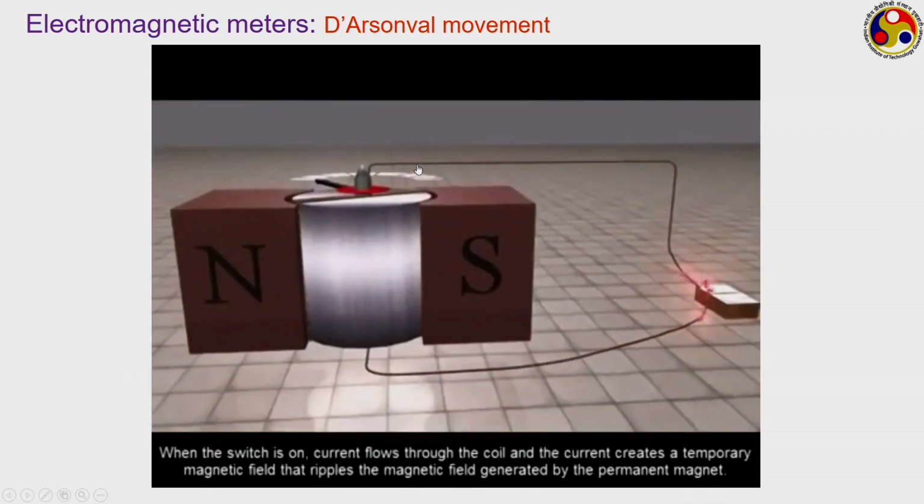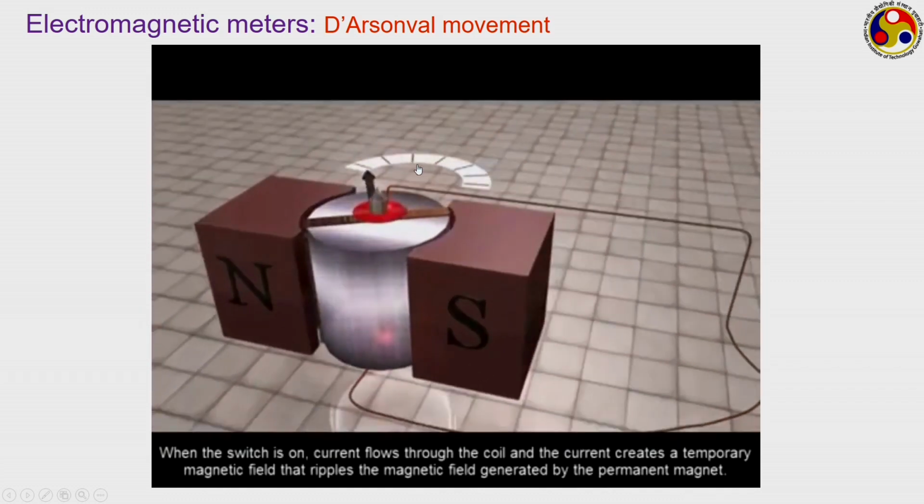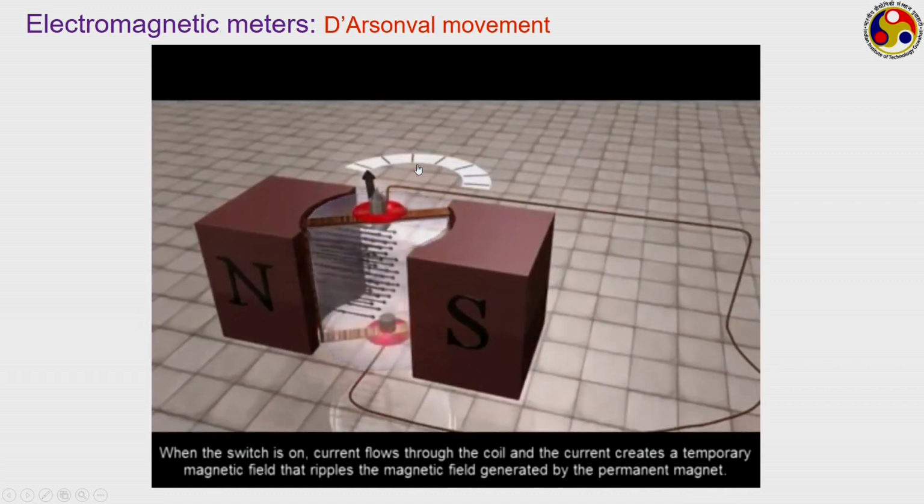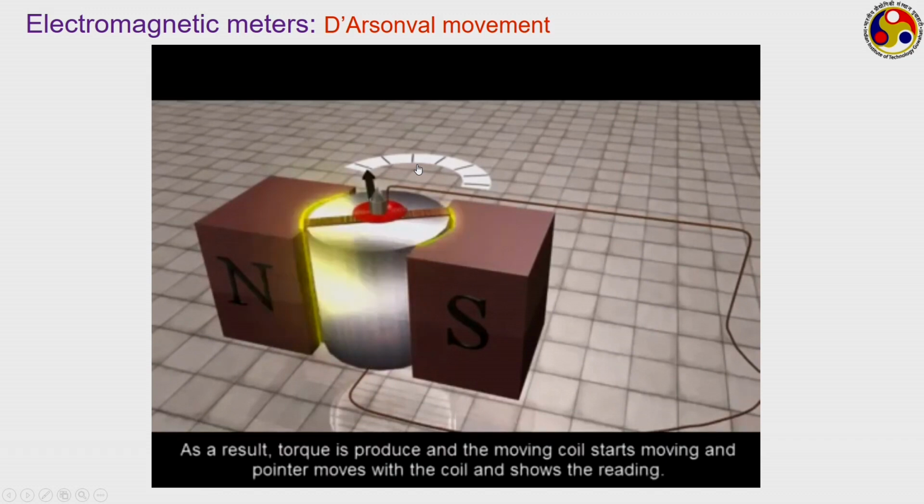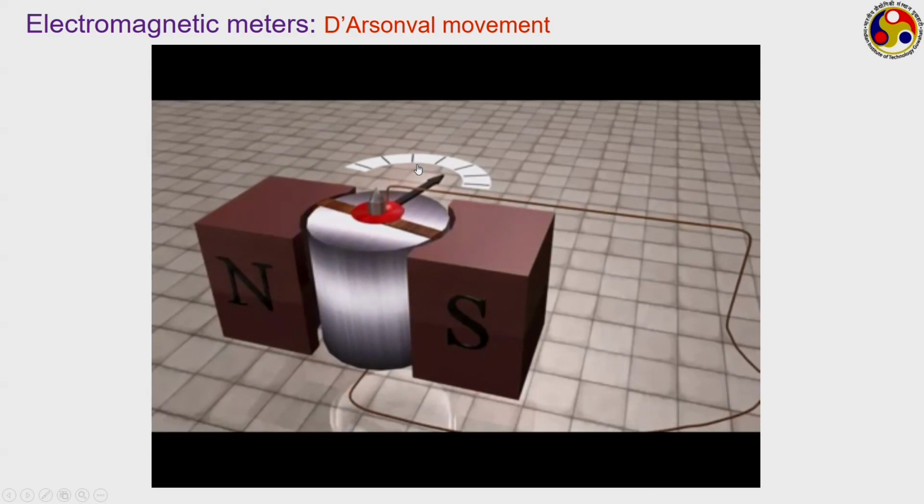As soon as the electricity is switched on, current starts flowing through the coil, and because of that it creates a magnetic field of its own, and that magnetic field interacts with the permanent magnetic field which is already there. The interaction between these two leads to the formation of a torque, and the moving coil starts to move, which is indicated by the movement of this indicator over this scale. So this is how an electromagnetic meter works.